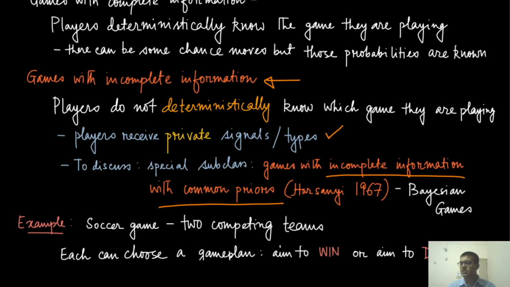This treatment of incomplete information games is due to Harsanyi, 1967. These are also called Bayesian games, and we will see where this Bayesian notion comes into the description of the game. Let's begin with one example.